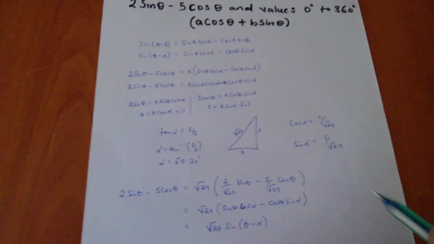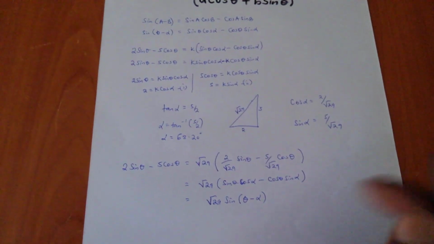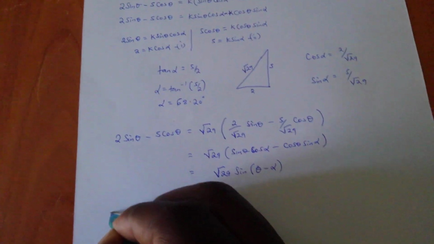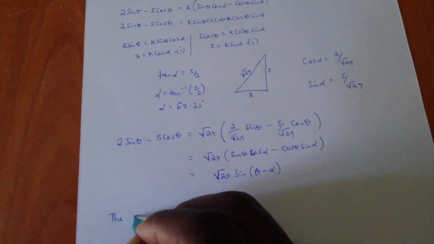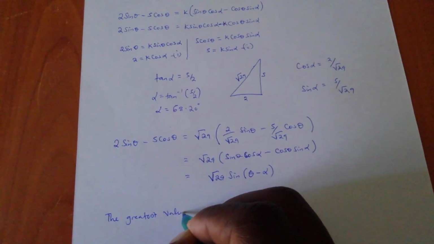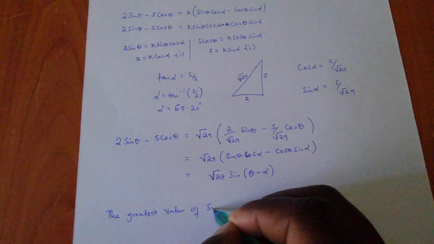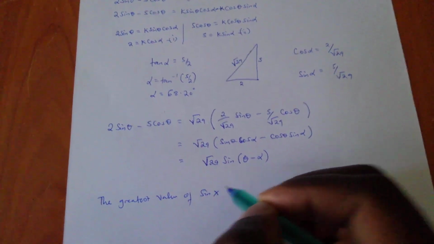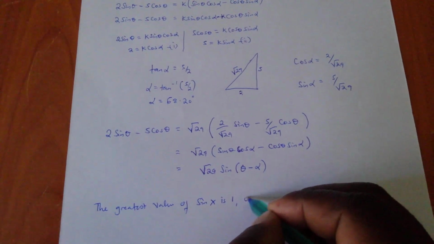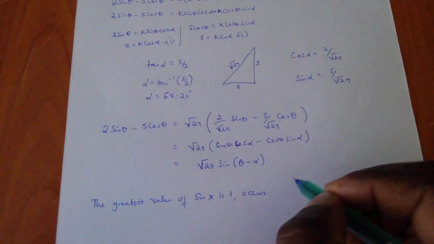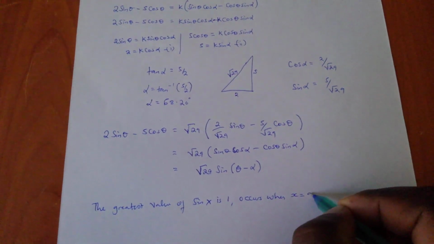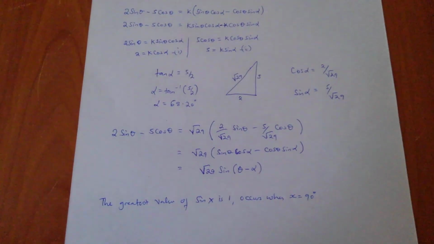So now I'm almost concluding this question. Remember, the greatest value of sine x is 1, and it occurs when x is equal to 90 degrees.